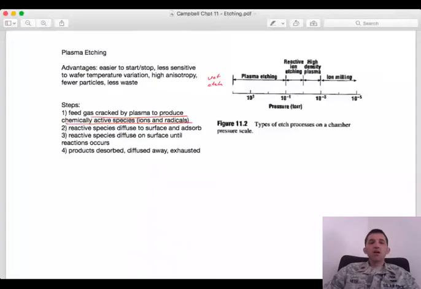And so, as a chemical process, it's consuming chemicals, it's producing products, and so you need to keep it mixed to do that, which presents a challenge to maintaining a uniform etch rate, right? Because you have a dynamic situation.